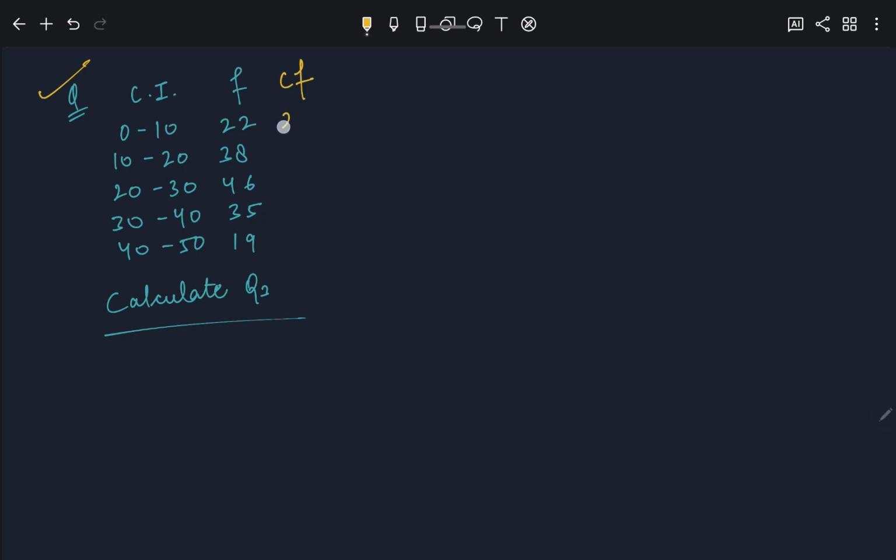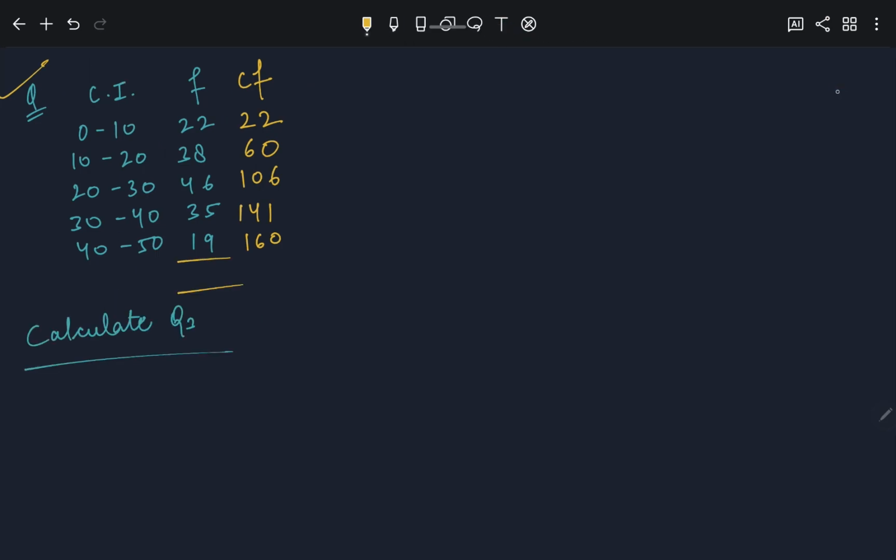We will keep this 22 here and we will add these. 38 plus 22 will be 60. 60 plus 46 will be 106. 106 plus 35 is 141, and here 19 makes 160. Again, to check if our CF is correct, we will add these values. So our n will be 160.